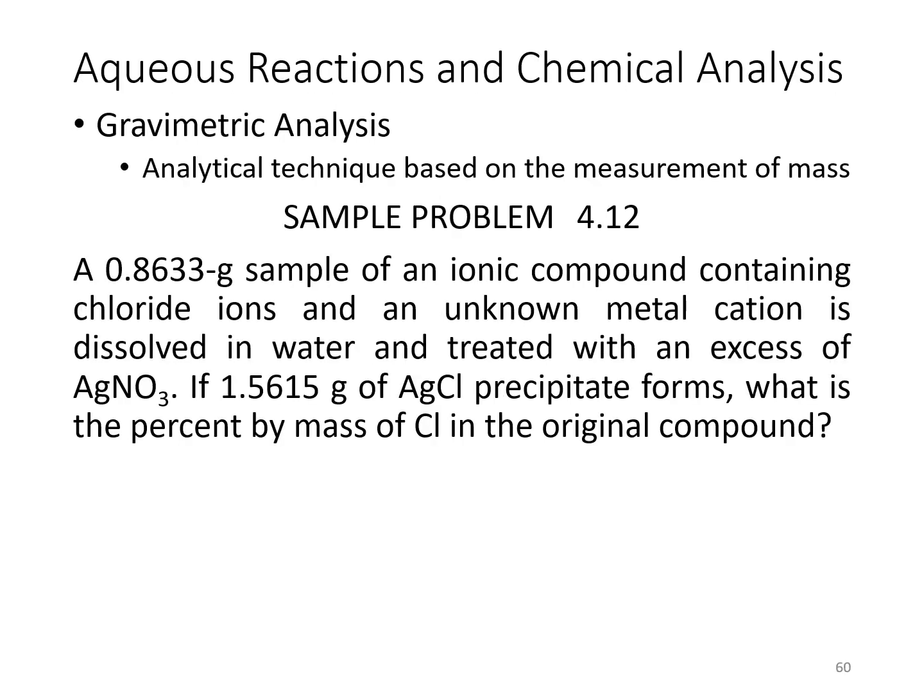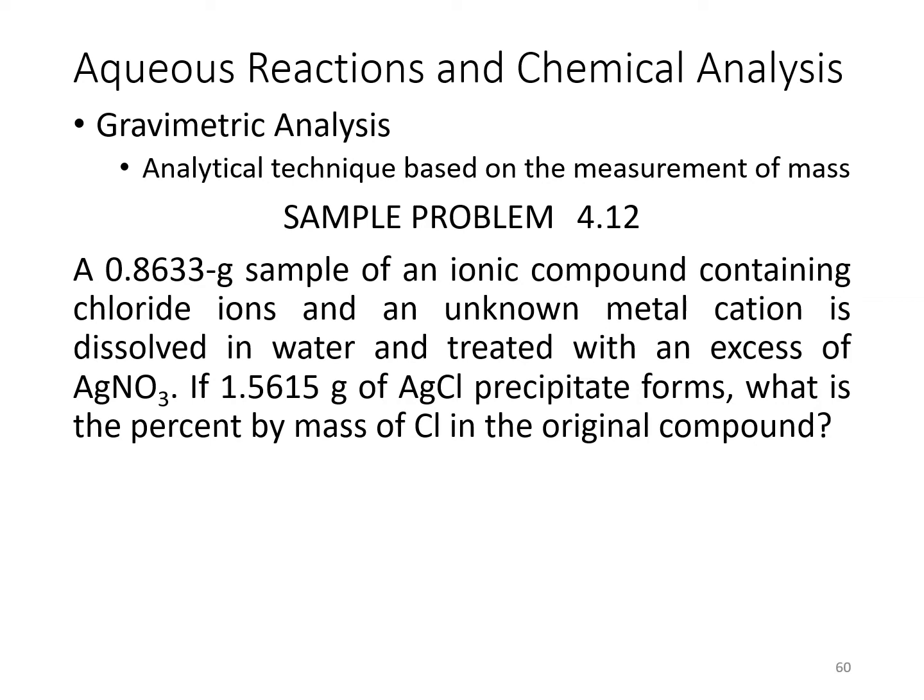So here we can try something. We'll talk about gravimetric analysis. So again, it's this analytical technique based on the measurement of mass. So if you have a 0.8633 gram sample of an ionic compound containing some amount of chloride ions and an unknown metal cation that is dissolved in water, if you treat that with a bunch of sodium nitrate, you can cause a precipitation of that silver nitrate or silver chloride.